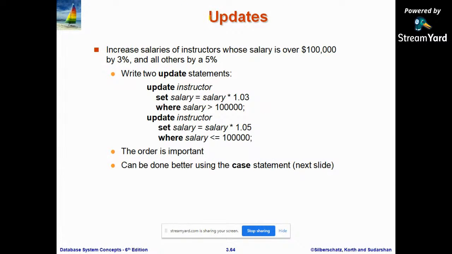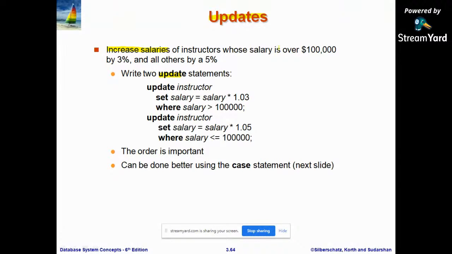Now we will see updates. The update says that for some of the entries, for some of the columns, you want to update the data. To update the data, you have to use the update command. In this example, you want to increase the salaries of the instructors. I do not want to increase the salary of all the instructors.